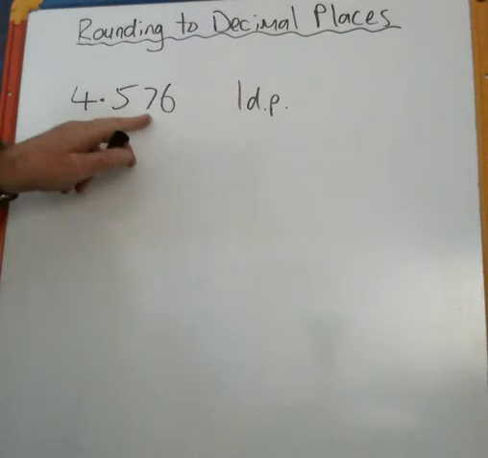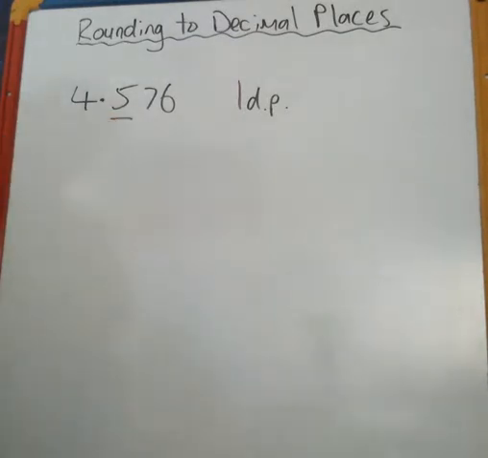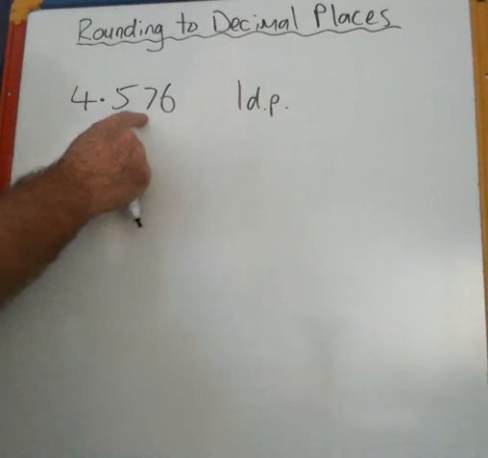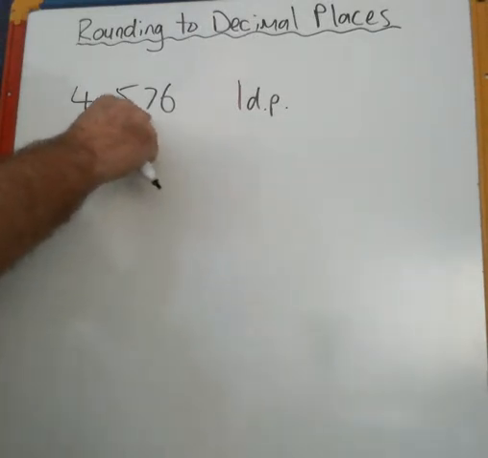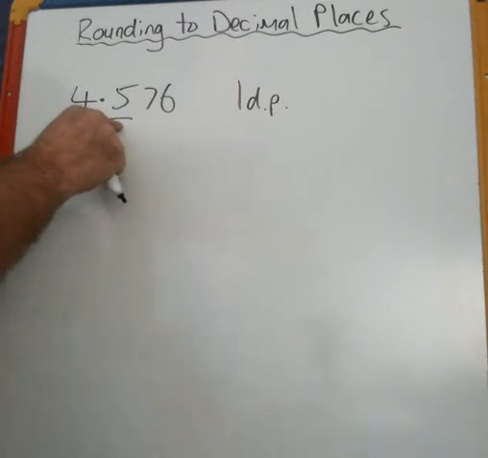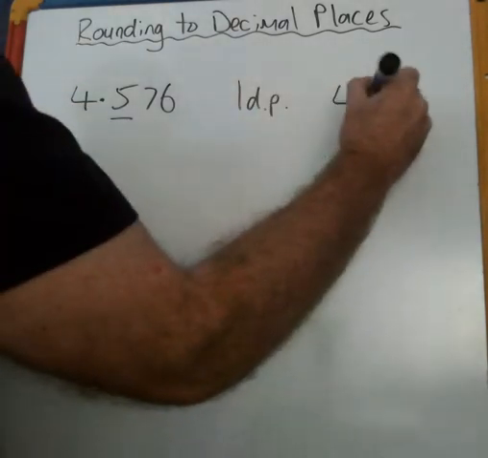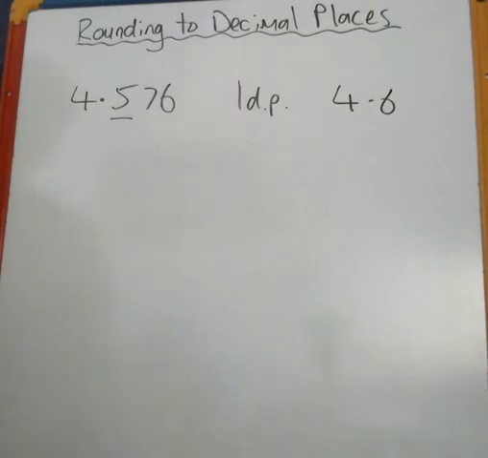The number that determines whether the 5 is going to change or not is the number immediately to the right of it. Now the rules say 5 or more rounds up, well the 7 is bigger than 5, so it rounds the 5 up to a 6, so 4.6.